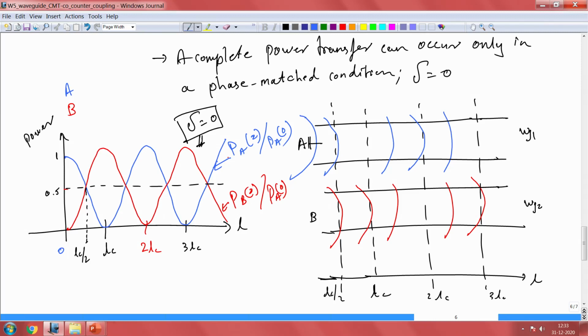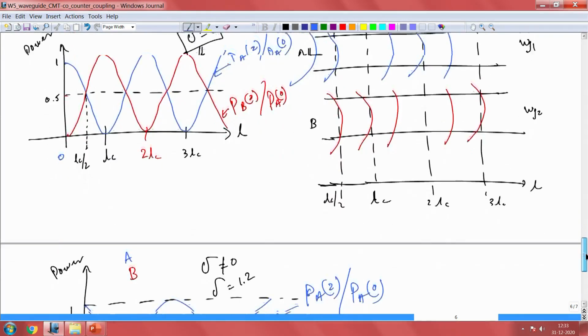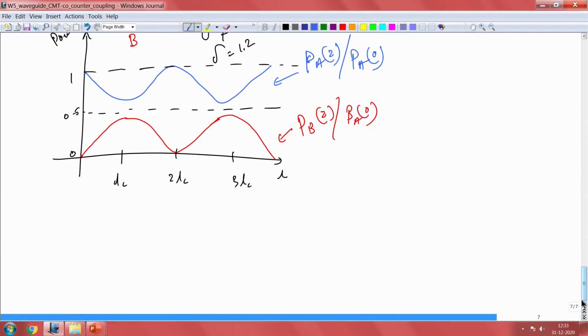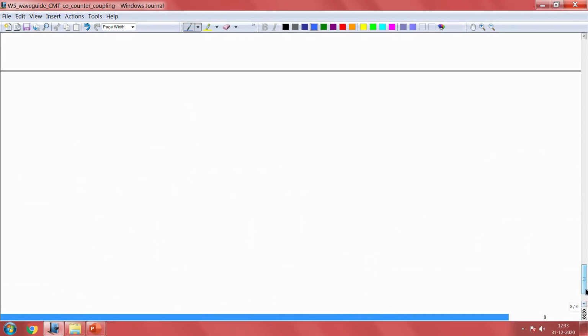So, co-directional is all fine, we understand it reasonably well now. So, let us look at counter-directional propagation. Counter-directional coupling. So, here the scenario is different.